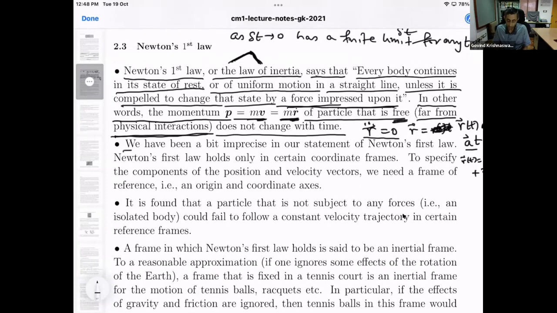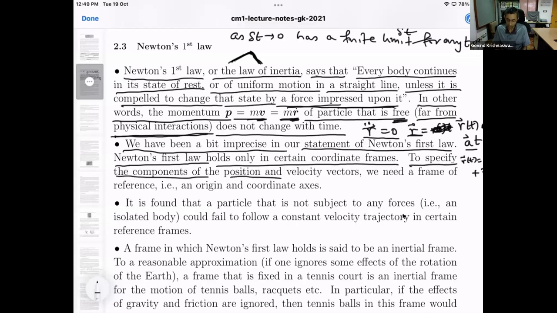We have been a bit imprecise in our statement of Newton's first law. The point is that Newton's first law, as stated, holds only in certain frames of reference. Now, I implicitly talked about a position vector r. We also talked about the velocity vector r dot and the momentum vector and so on. To specify the components of the position, velocity, and so on, we need a frame of reference.